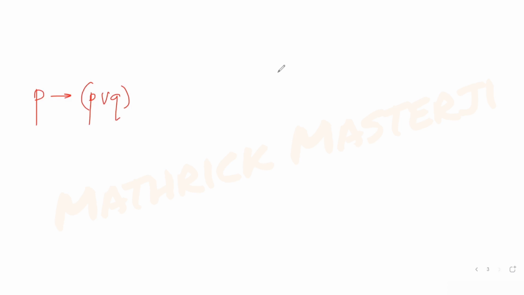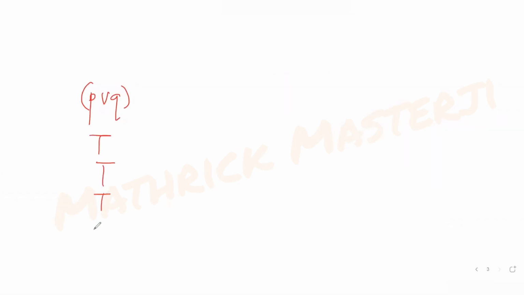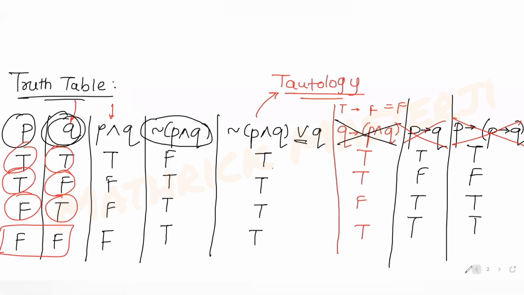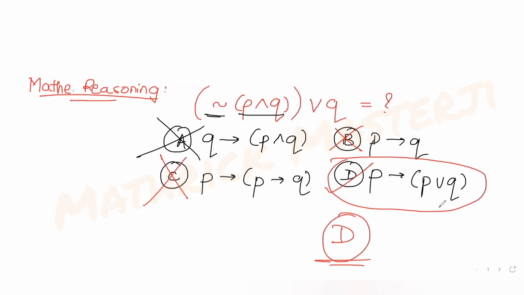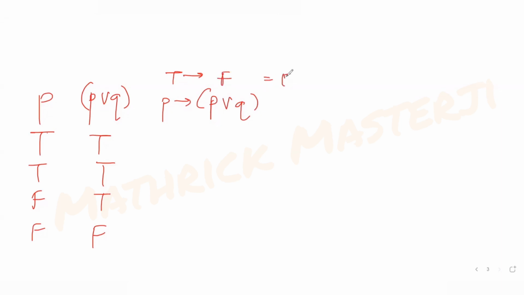For cup, if you have both F, then it is F, otherwise T. So the first three are true, and only the last has two F's, so it is F. And we have to imply this with P, which is T, T, F, F. Now if you imply both of them, T implies F is F, otherwise true.